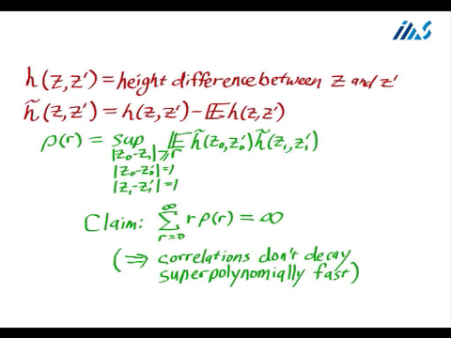And we're going to let rho of r be the worst case over pairs of vertices in the lattice of the expected modified height correlations between them, where the pair of vertices have to have distance at least r, and z naught, z naught prime are distance 1 from each other, and likewise for z1 and z1 prime. And the claim is that the sum here of r times rho of r goes to infinity. And of course, if we have better than power law correlations, it's not going to go to infinity.